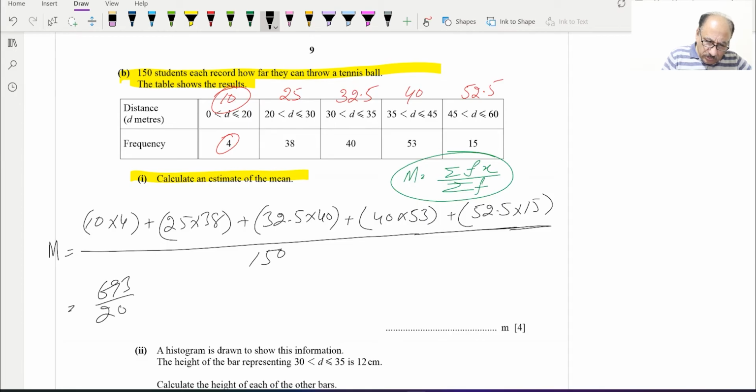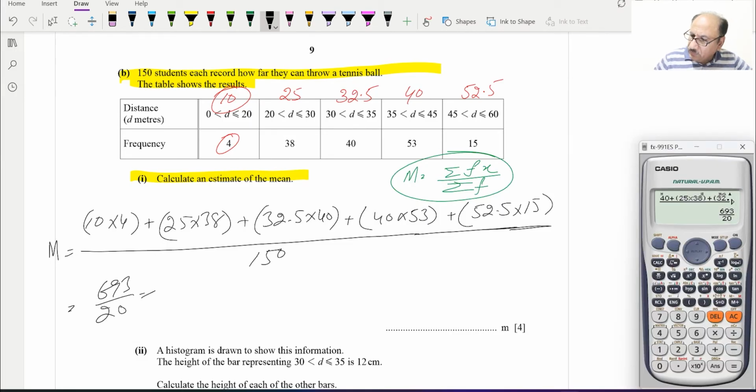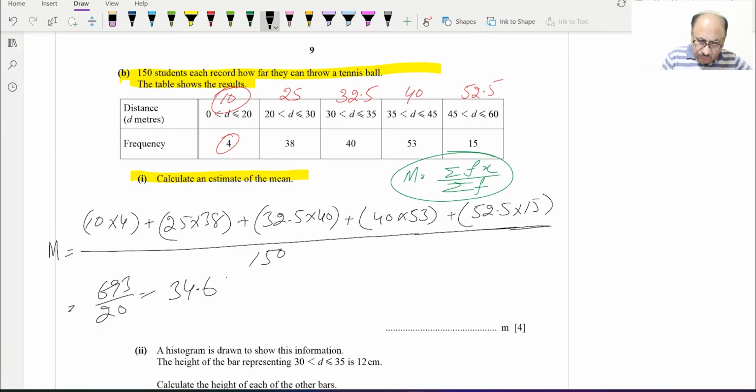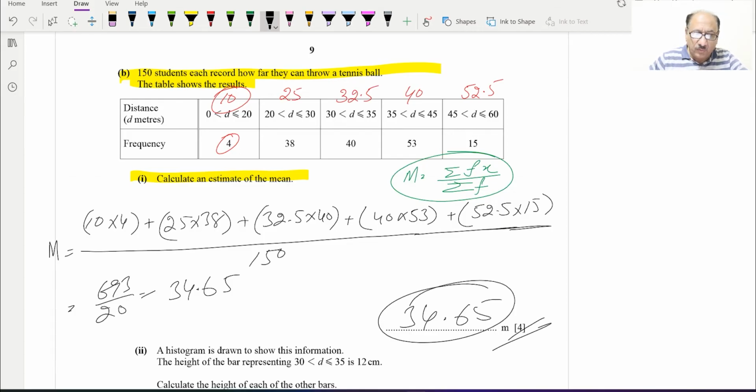The decimal value is 34.65, which we can provide over here. This will be the final answer for 4 marks.